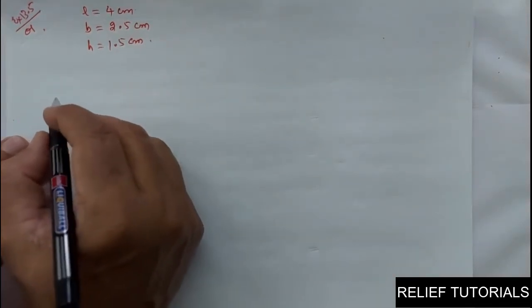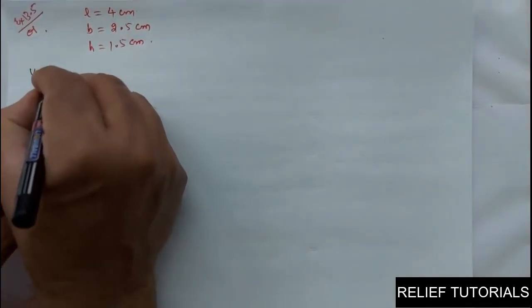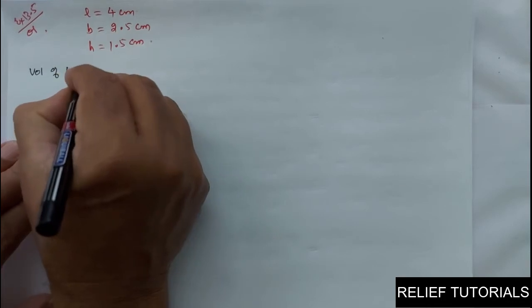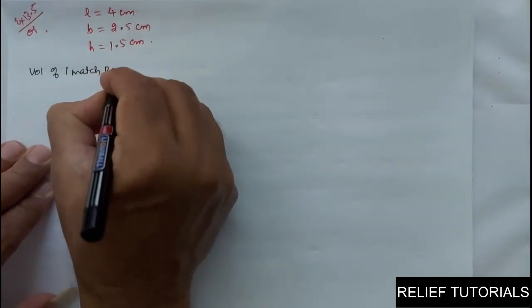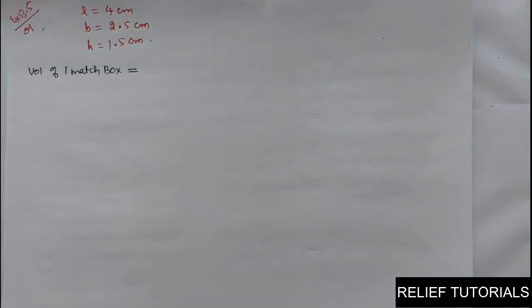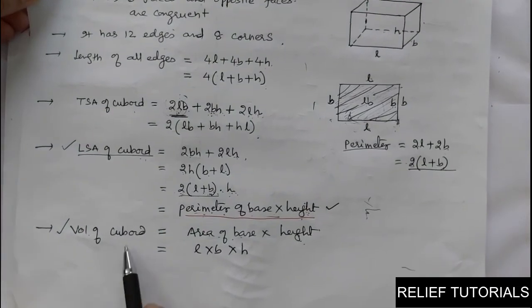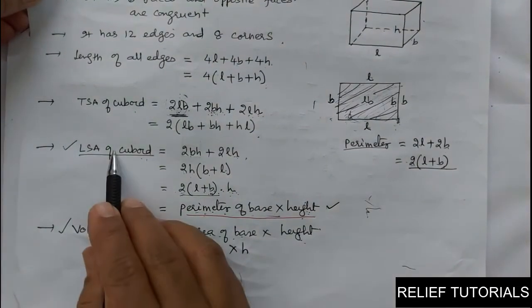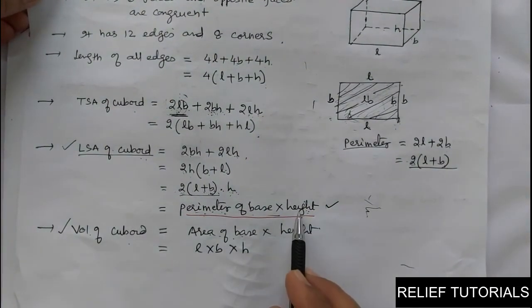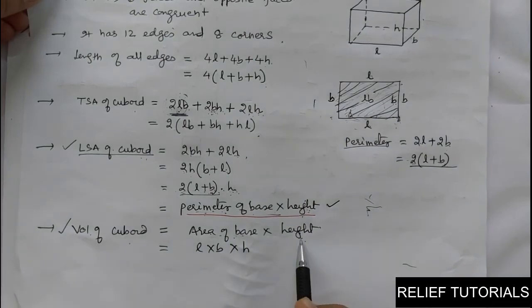So now the volume of one matchbox. It is cuboidal. So I have discussed, if you know that, what about the volume? See here, volume of cuboid. Lateral surface area is perimeter of base into height. Volume is area of base into height.